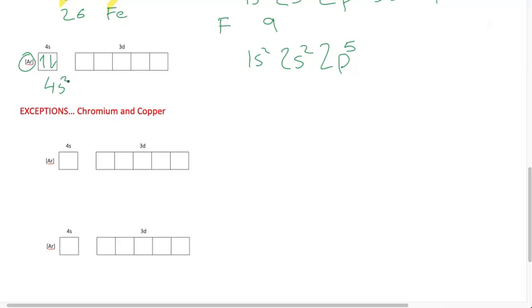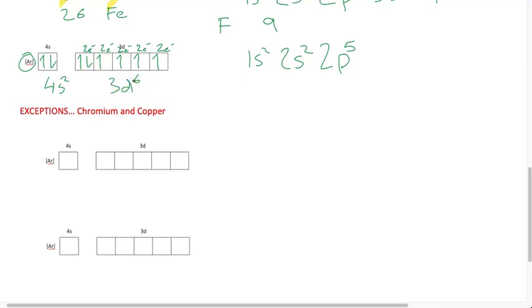Now it's got a capacity of 10, so 2 electrons can go into each of these. Okay, but we start off by just putting in 1 to each of them. Okay, so 1, 2, 3, 4, 5, 6.